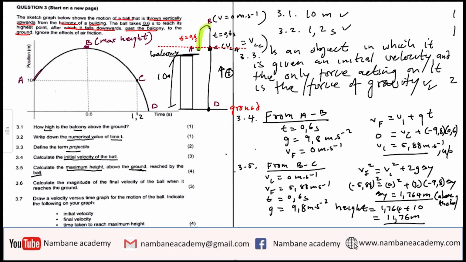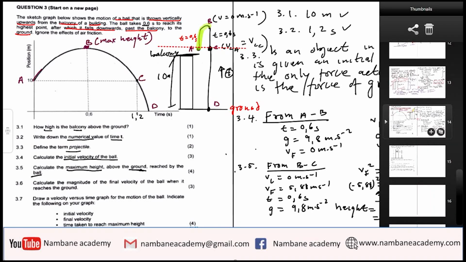Ladies and gentlemen, allow me to duplicate this quickly such that we can answer 3.6 and 3.7.